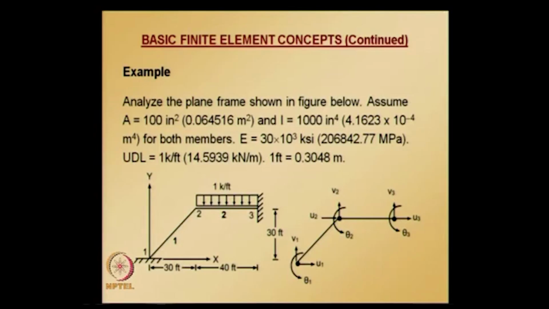Element 1 is assumed to be along the vector going from node 1 to node 2, and element 2 is assumed to be along a vector going from node 2 to node 3, and all the degrees of freedom are indicated there.